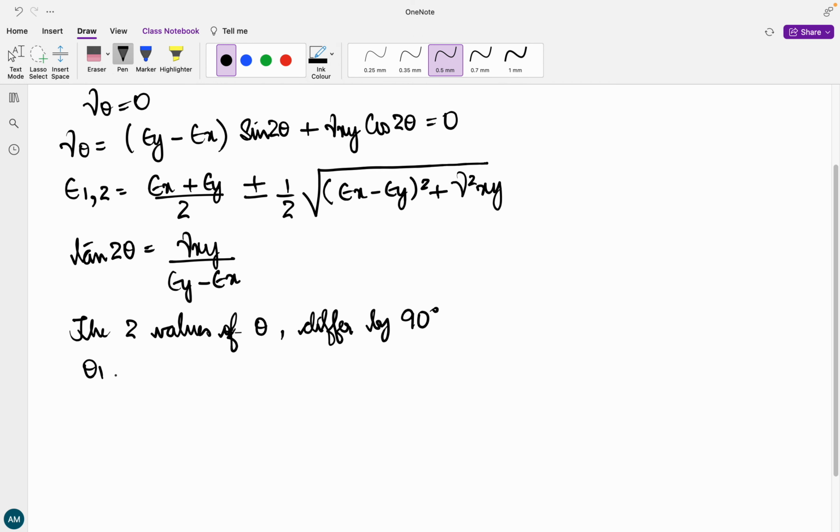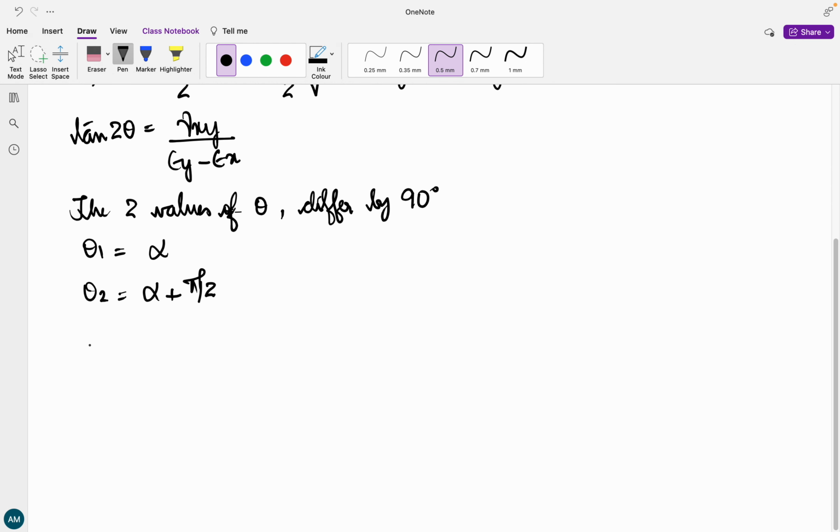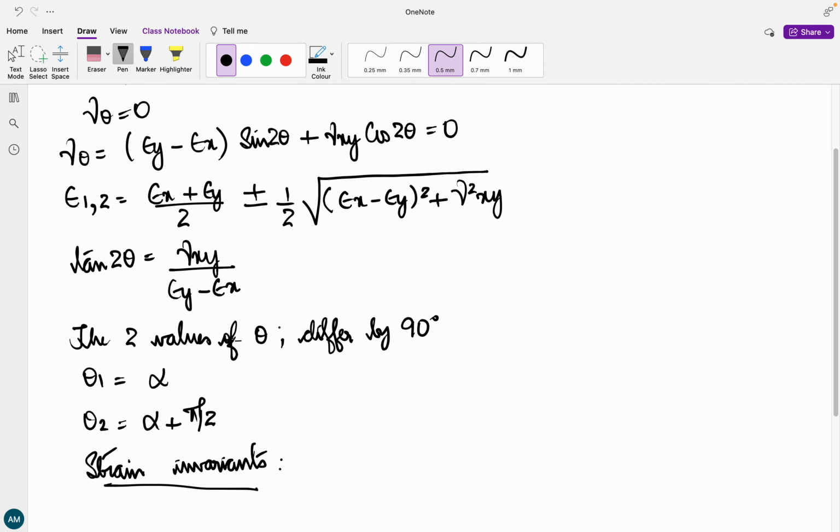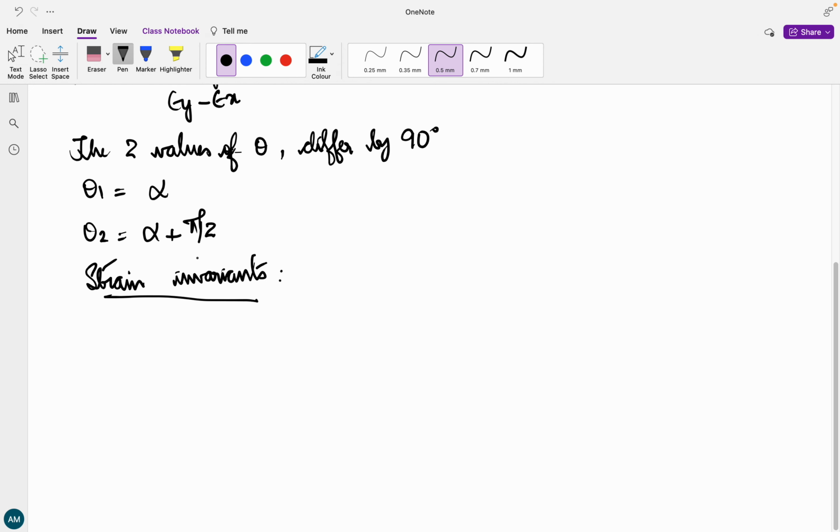Hence, if theta 1 is alpha, theta 2 is going to be alpha plus pi by 2. You need the formula of epsilon 1, 2 and tan 2 theta to solve the problems regarding principal strain and its directions. So next is strain invariance.